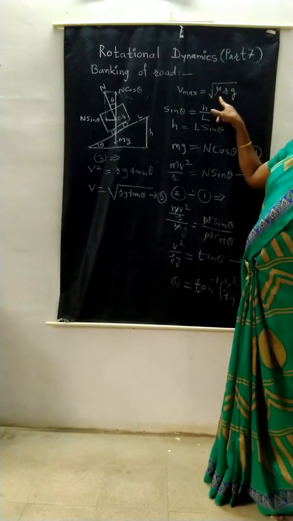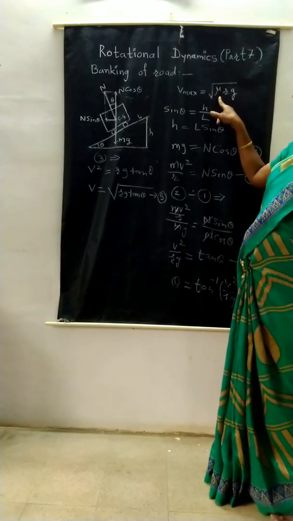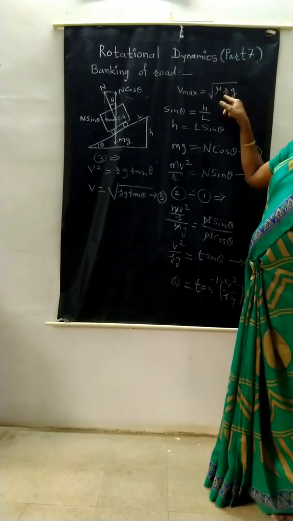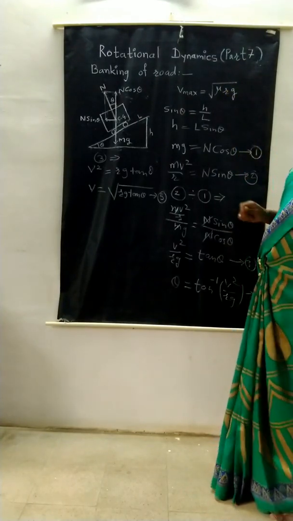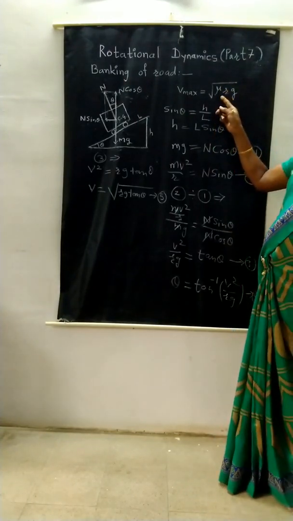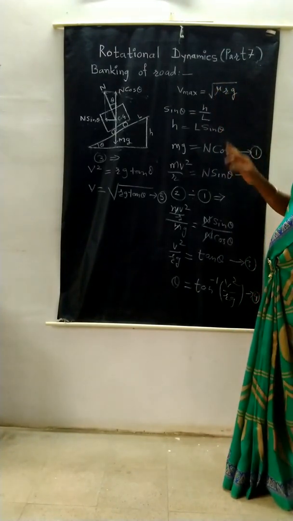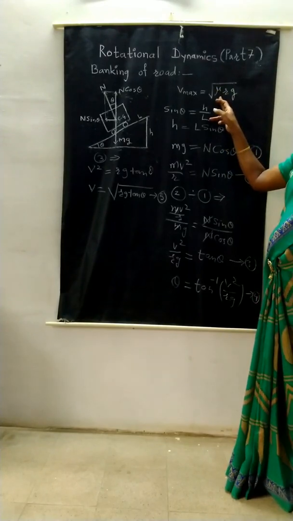If the road surface is made rough, then it causes wear and tear of the tires of the vehicle. Therefore, we cannot increase this mu much. There is a limit up to which mu can be increased.